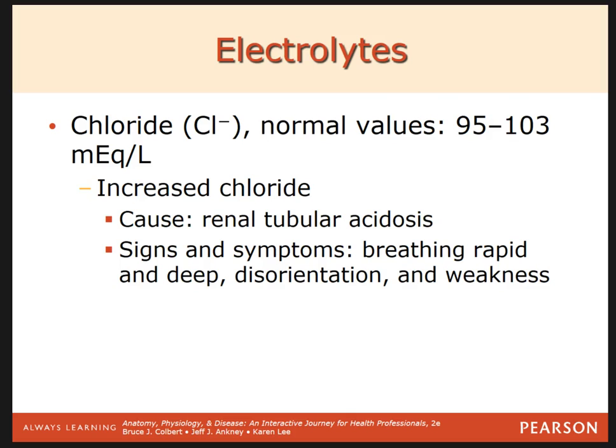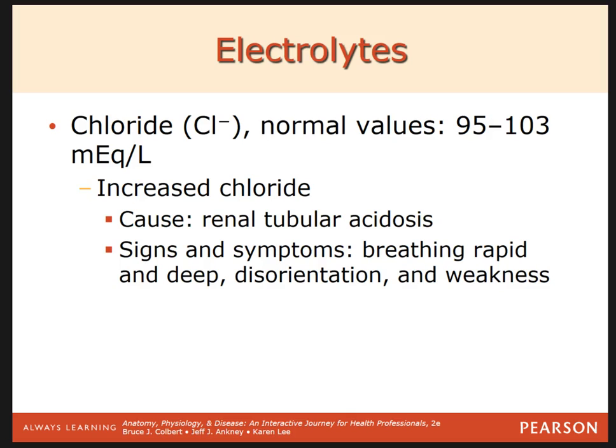The next electrolyte is chloride. Chloride is an anion. It's missing a charge, so it is elemental symbol capital C lowercase l with a -1 charge. The normal values for chloride are 95 to 103 milliequivalents per liter.